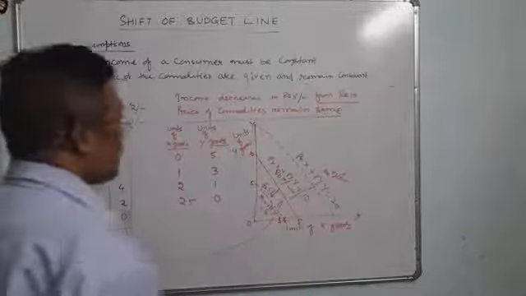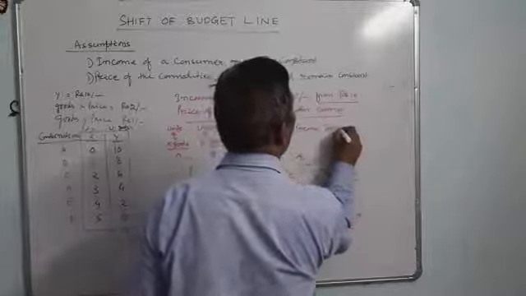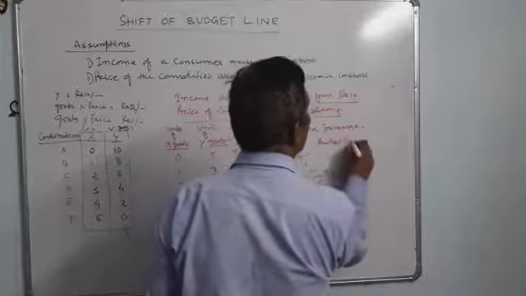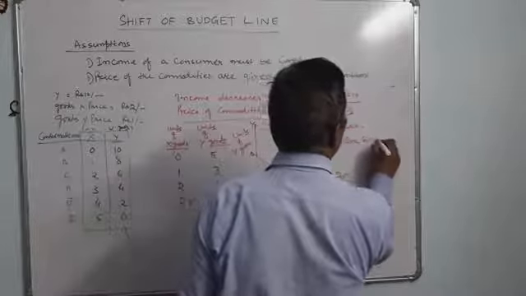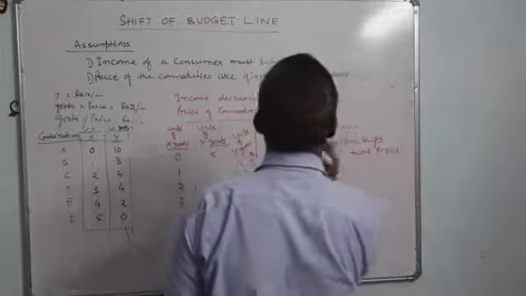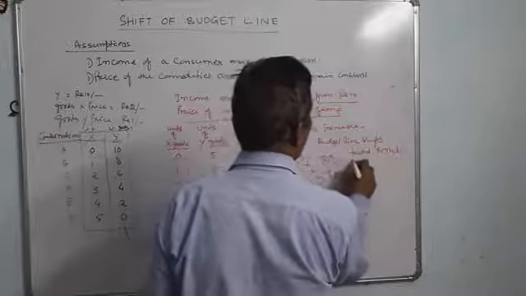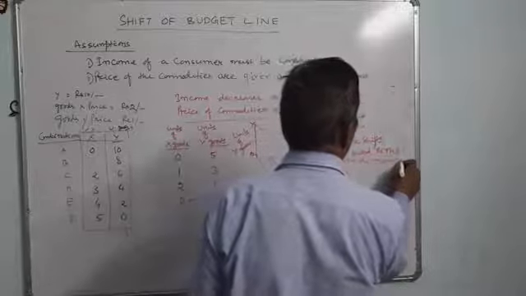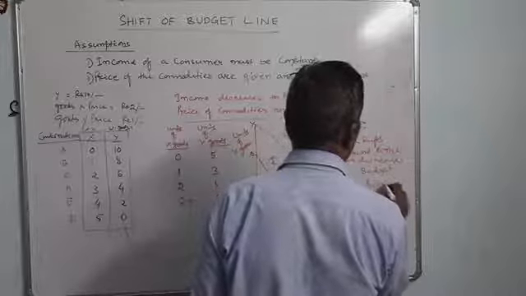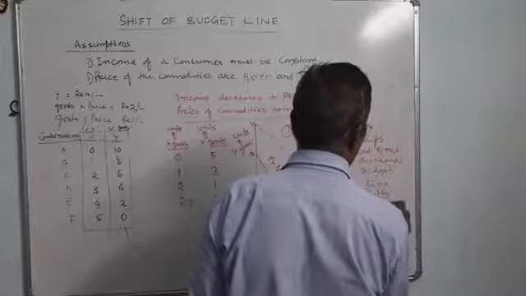So it means, number one, income increases, budget line shifts towards the right. Number two, income decreases, budget line shifts towards the left.